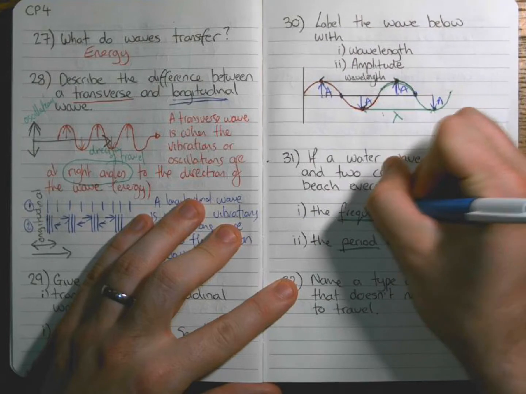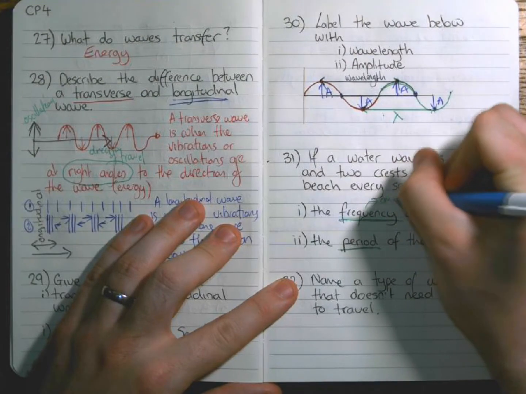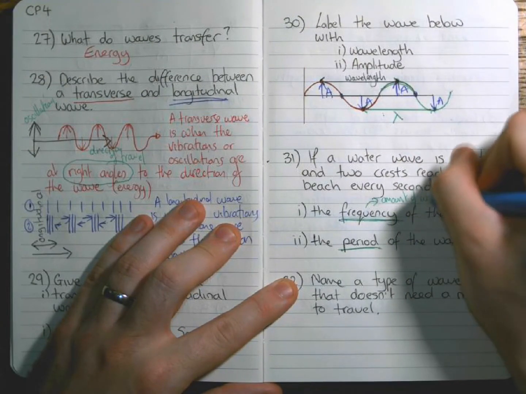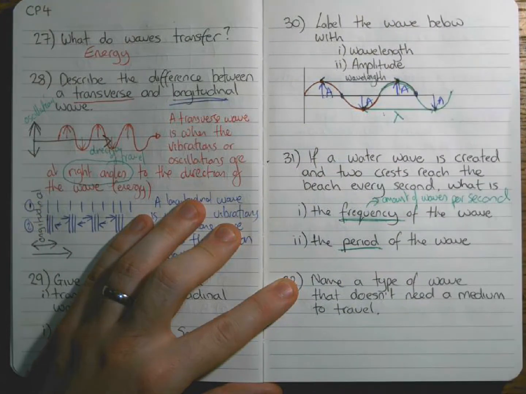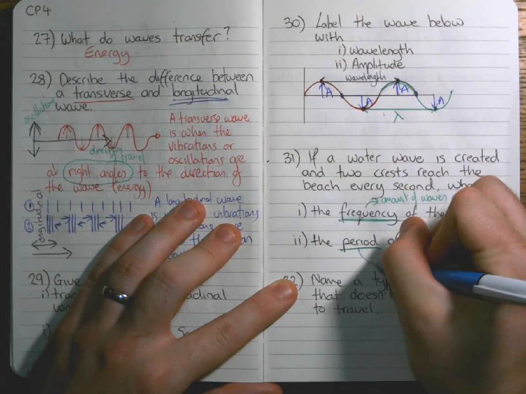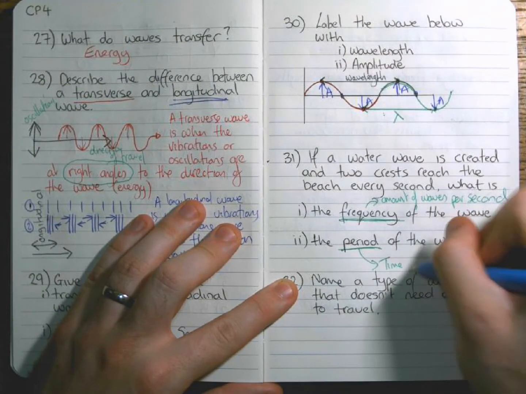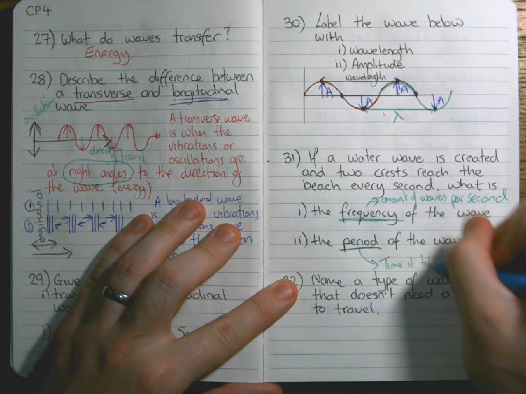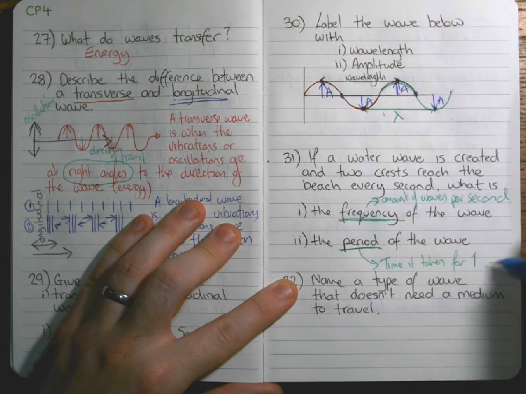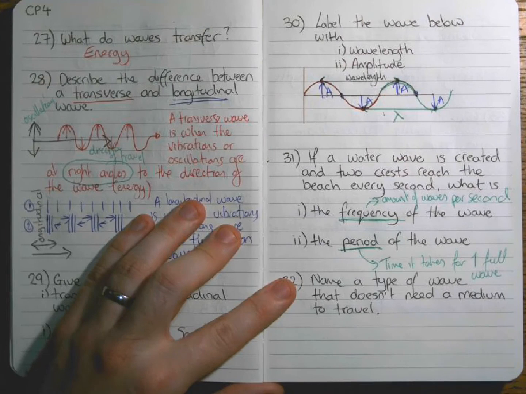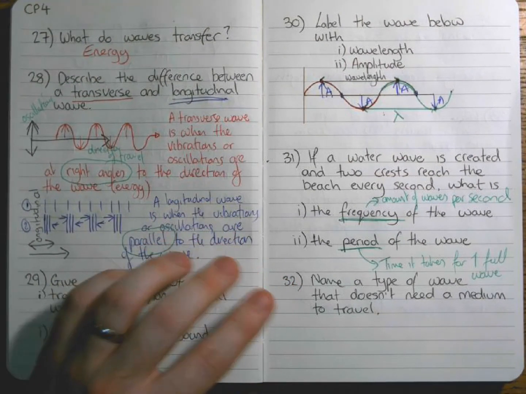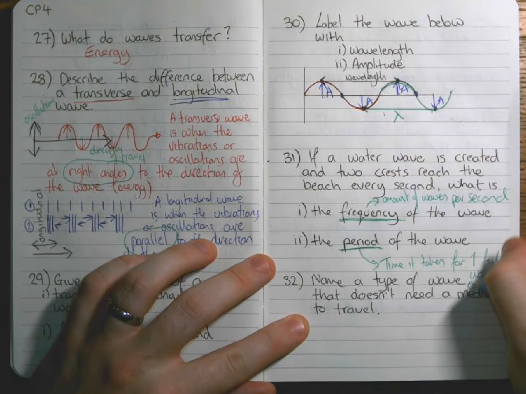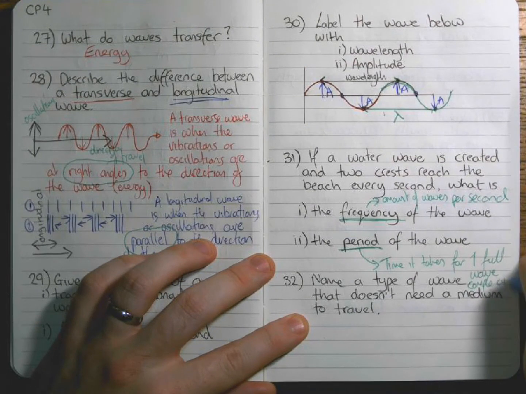So the frequency is the amount of waves per second, and the period of the wave is the time it takes for one full wave to complete its cycle.